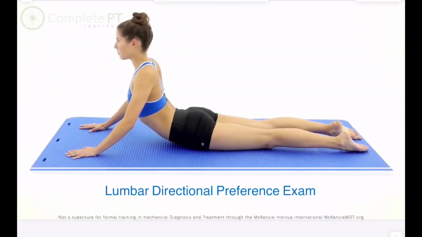The lumbar directional preference exam is critical to master, as it is the centerpiece of your entire lumbar examination. It defines a condition called a lumbar derangement, which, when present, is the most rapid and significant change we can make within the lumbar spine.